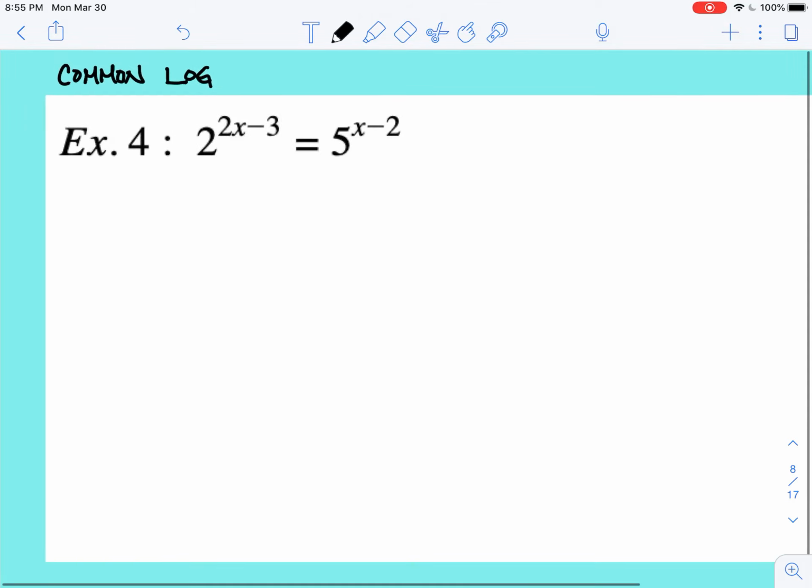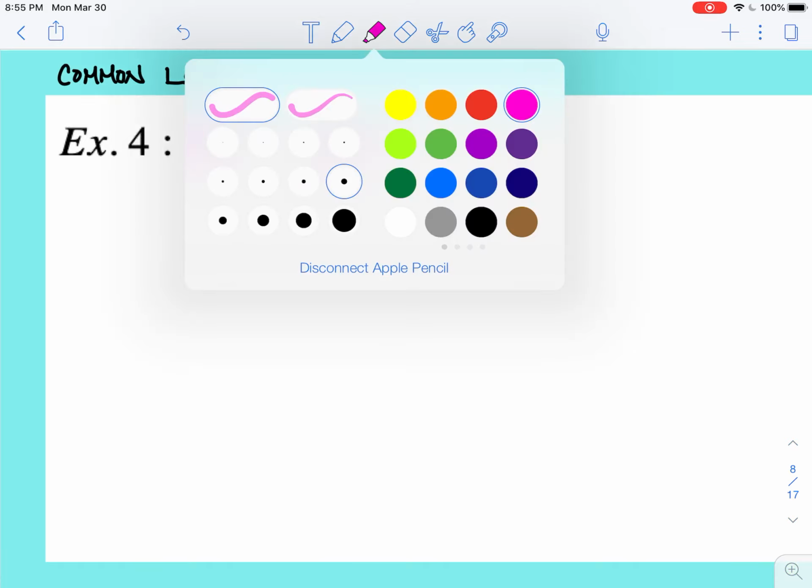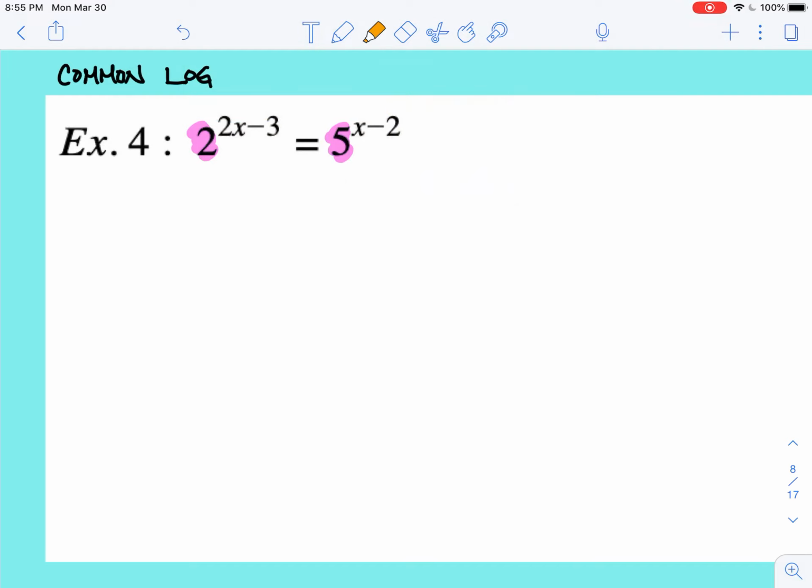Okay? And if I think about how this one compares to the other one, I've got a base on this side, which is 2, and a base on this side. They're different. One is 2, one is 5. And I've got this exponent, which has my variable, and I have this exponent, which has my variable. So I need to get those variables out of the exponent.